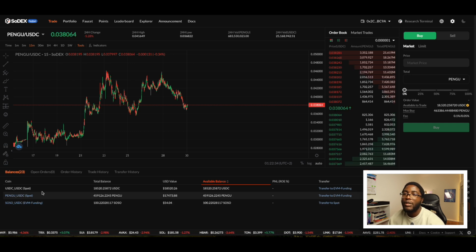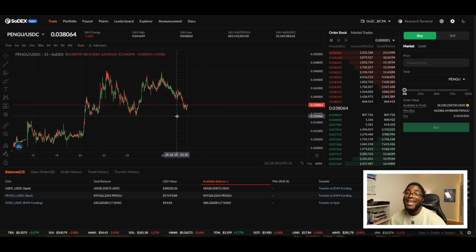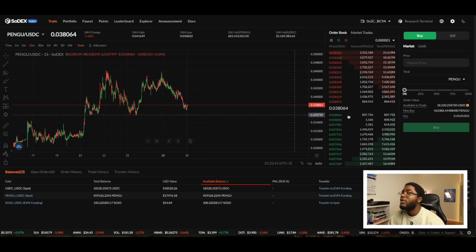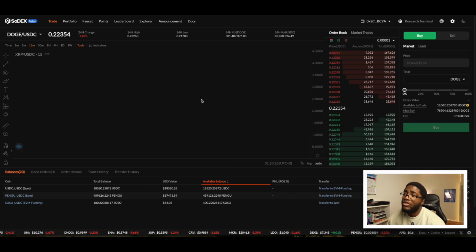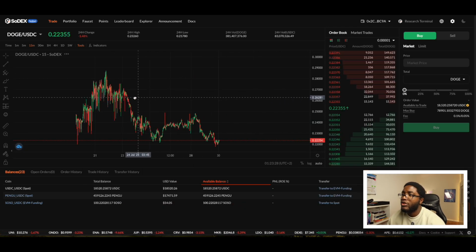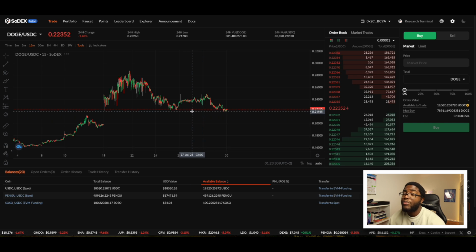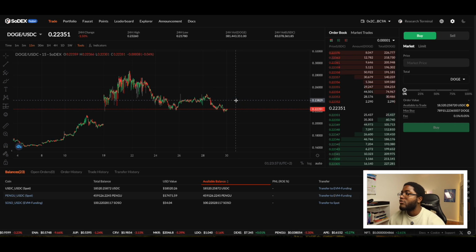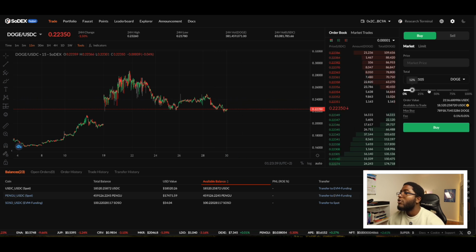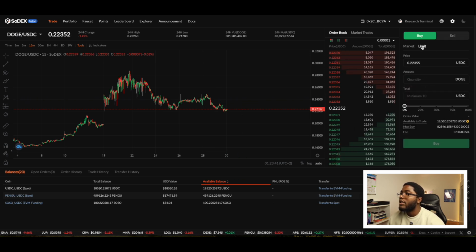We still have some amount left in our USDC, and we're going to use that to buy another token, but now with limit. I'm going to just use Doge. Not like I actually want to trade Doge. I honestly do not want to trade on Doge. I think everything is bearish at the moment, but once again, this is just for enjoyment, okay? It's not really that important. So we're going to go to limit right now. As you can see, 5.4 is what the limit is on.